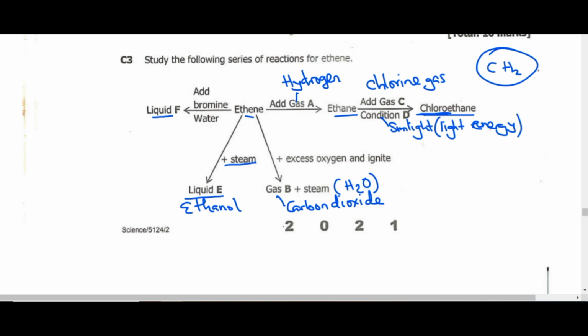So bromine plus this ethene, then we're going to have liquid F. Don't write bromine, but we replace this with an O. So that is bromoethene. Now everything has been looked at here.